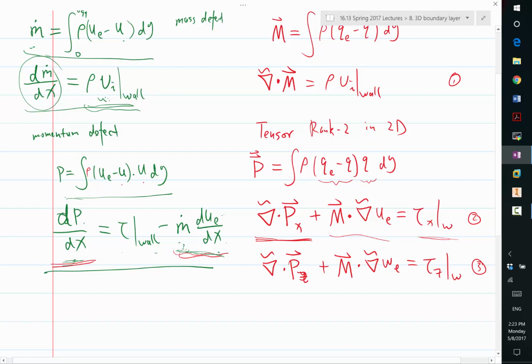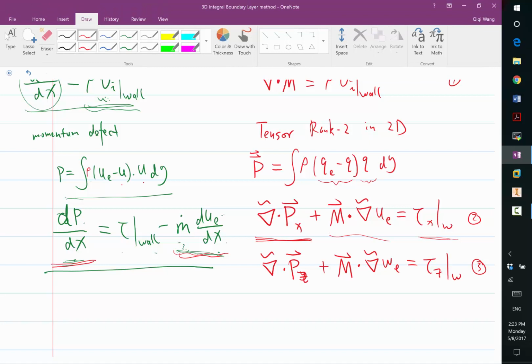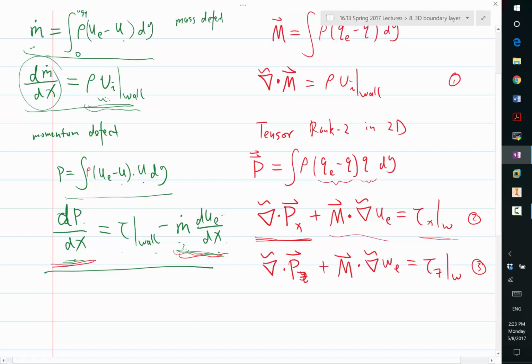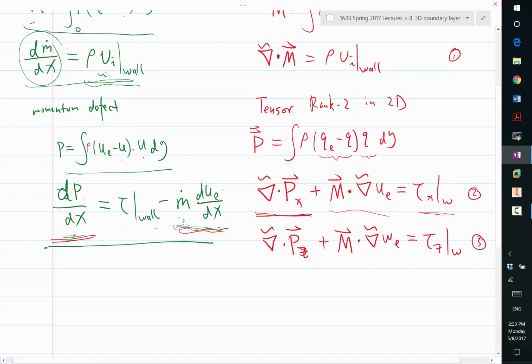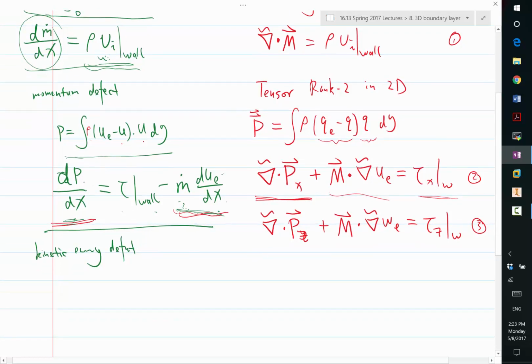That's good. Okay. Finally, if we do something equivalent to Thwaites' method, these two equations are enough. But in order to have the two equation method, we also have a kinetic energy defect. We went through that really quickly, and K is defined as the integral of, in the 2D case, UE square minus U square times rho U dy.